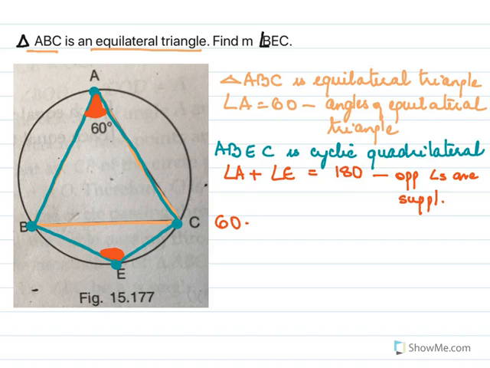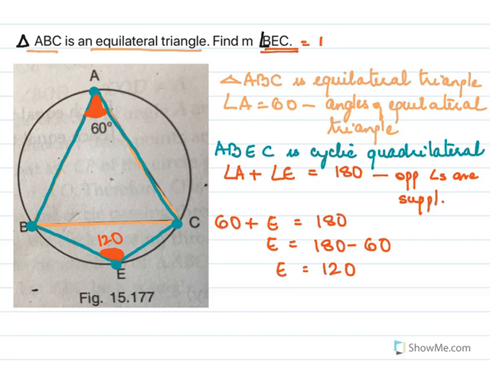So we have 60 plus E equal to 180, and E will be 180 minus 60. The E will be 120. So this angle is 120. So BEC equal to 120.